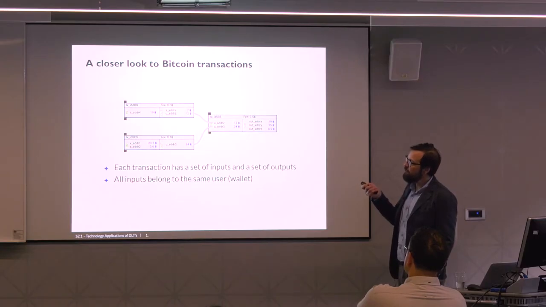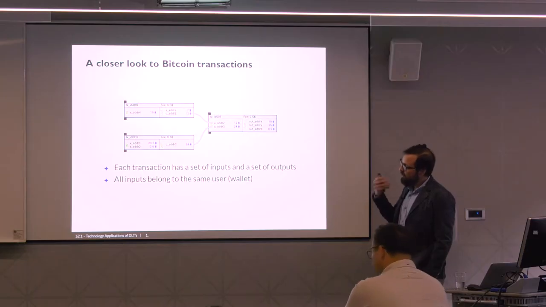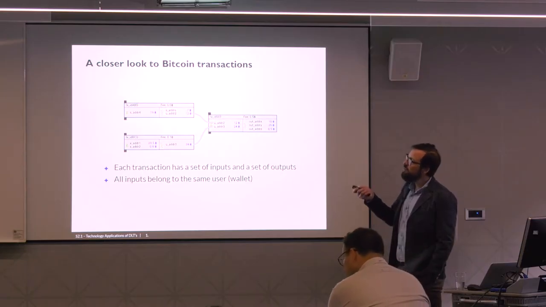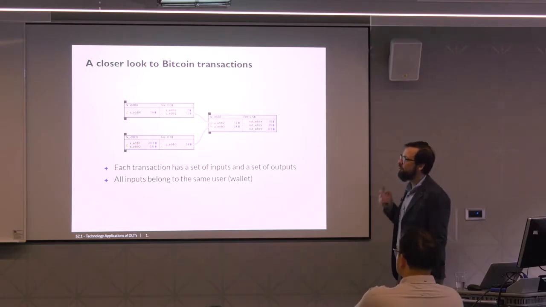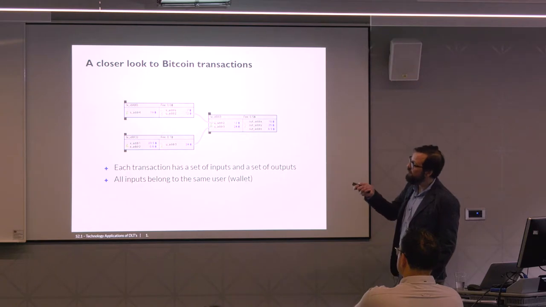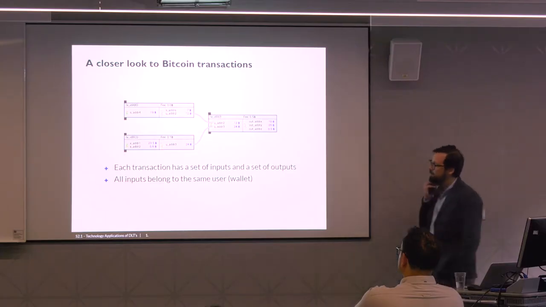The output says, in a basic transaction, which is the address that can spend which amount of Bitcoins. So you have a list of addresses, and each address that is listed inside of the output can spend this amount of Bitcoins that are there.